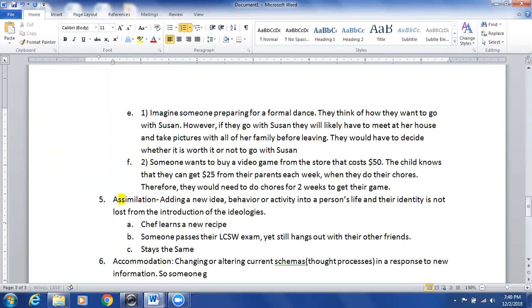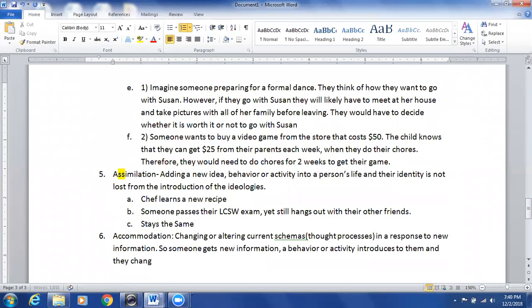So someone gets new information, a behavior or activity introduced to them, and they change who they are based on the new information.